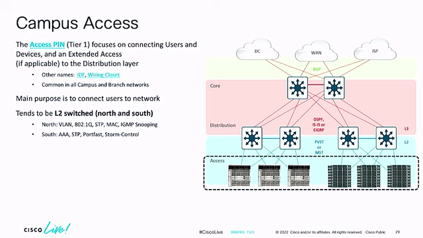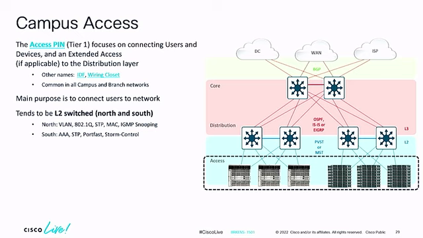But typically in an access, if I'm running a traditional layer 2 access, the reason is I want to stretch subnets across closets, across floors, across buildings, et cetera. And so this is where you're going to see all your spanning tree features at this layer. And of course, you'll see them at the distribution layer as well, because I have to have them on the other side.